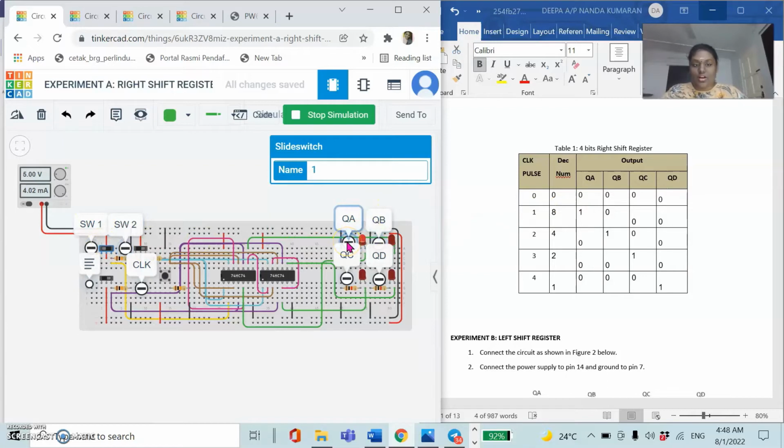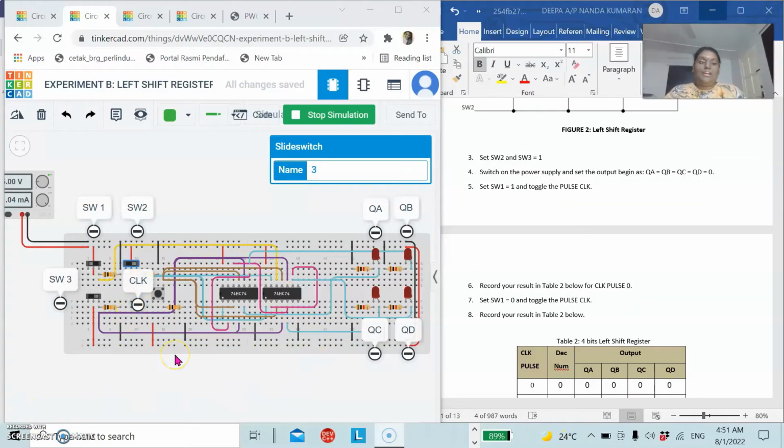When I press the clock pulse 1, QA will be 1 and the others all 0. Then clock 2, QB is 1 and the others all 0. Then clock 3, QC is 1 and the others all 0, and the last one is clock 4, QD is on with value 1 and the others all 0.